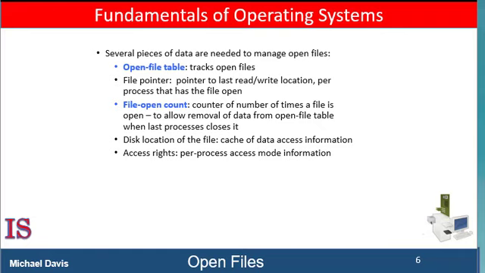The open operation takes a file name and searches the directory, copying the directory entry into the open file table. The open call can also accept access mode information, things like create, read only, read write, append only, and so on. This mode is checked against the file's permissions.